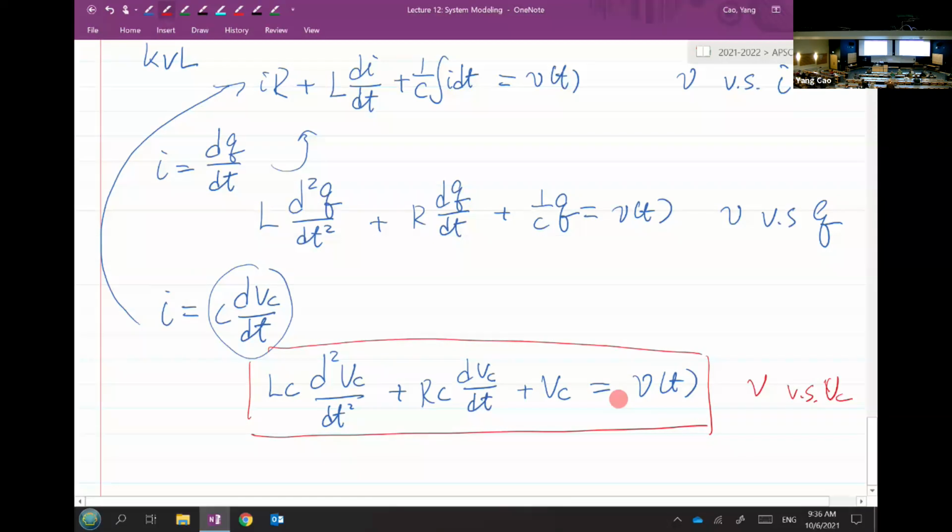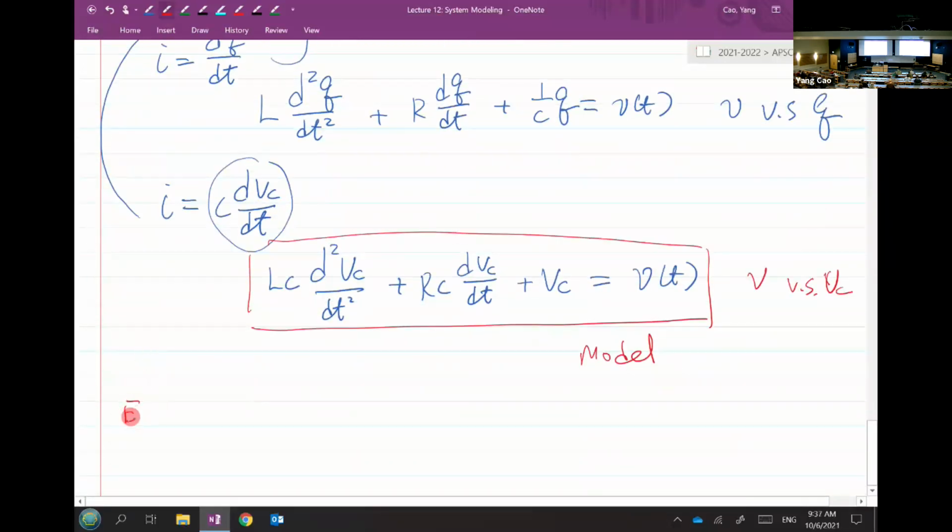So this is basically what we call a model. We just created a model for this RLC circuit, and this mathematical model, which is a differential equation, can be used to describe the dynamics of this simple system.